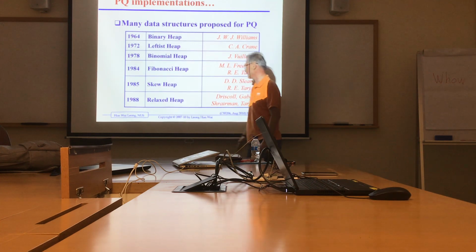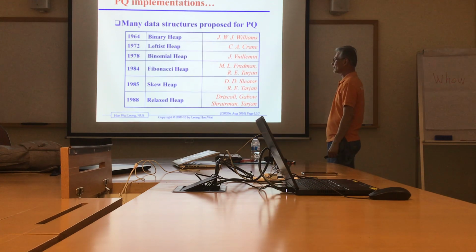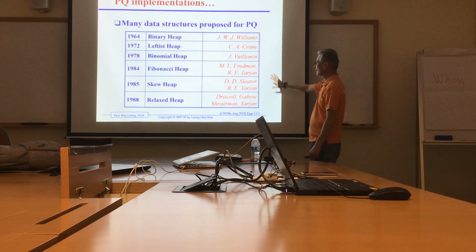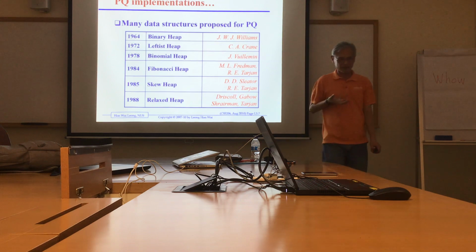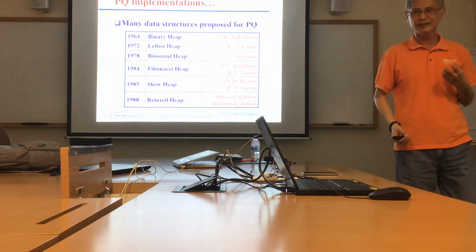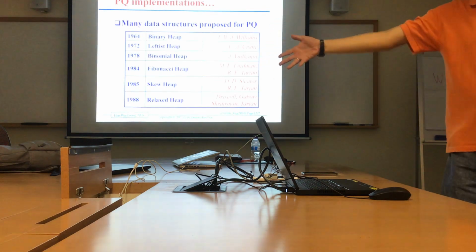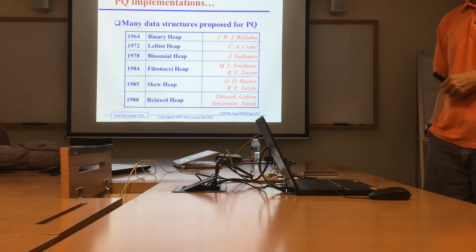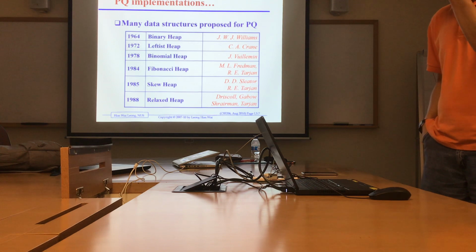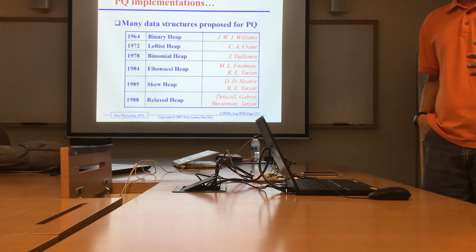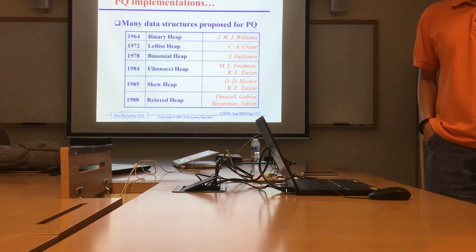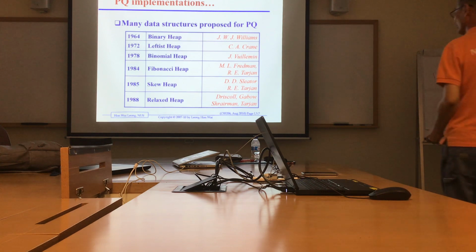After that came a slew of data structures. Robert Tarjan came in at the right time. He was a PhD student at Stanford who happened to have Professor John Hopcroft come to visit for sabbatical at Stanford, and they started doing some work that led to the Turing Award.